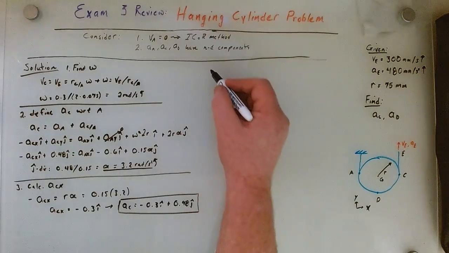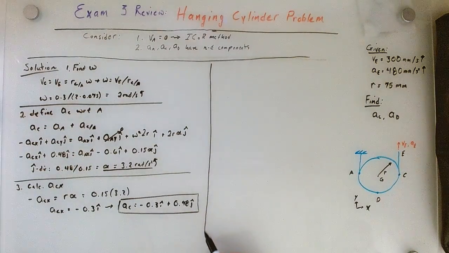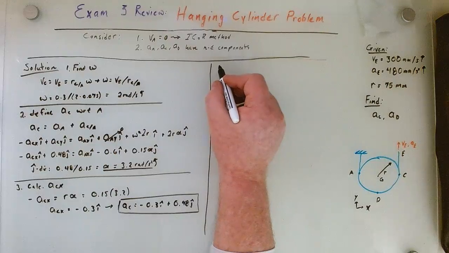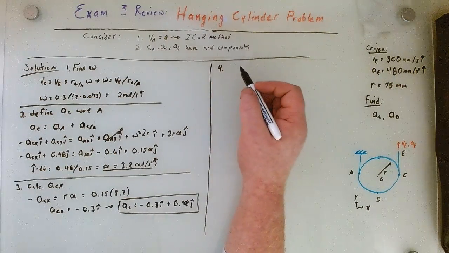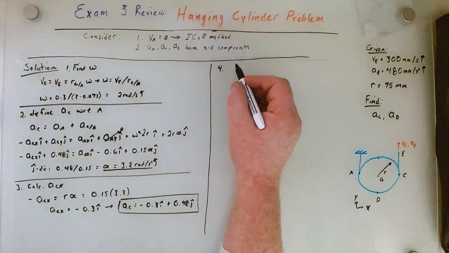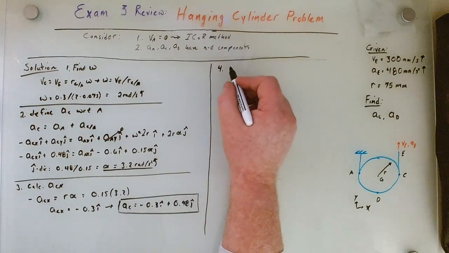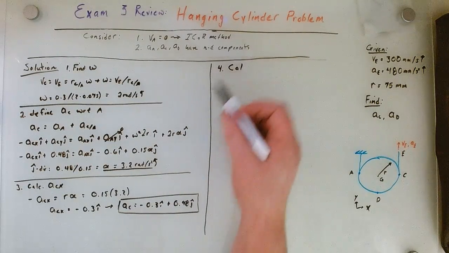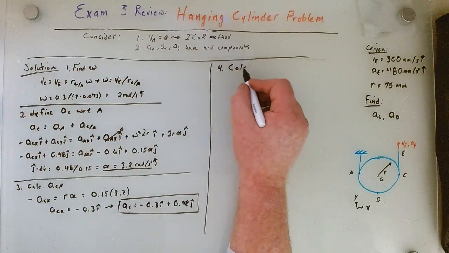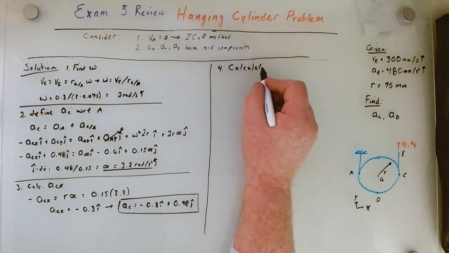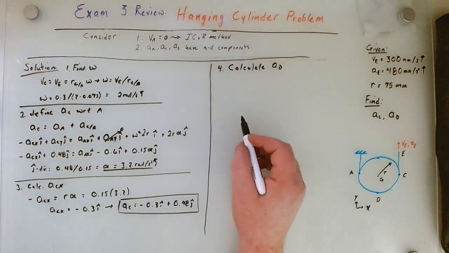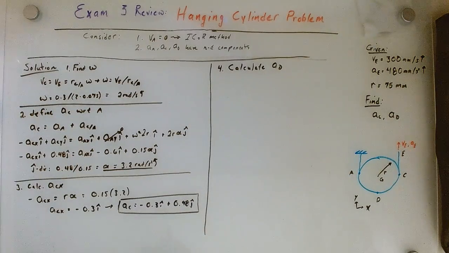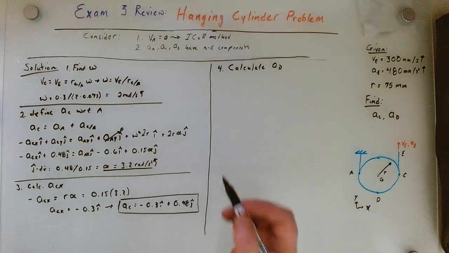All right. Make some room here. So let's say we're on step 4. All right, so now we can just calculate A sub D, right? And we can do that because we have alpha. And I'll show you what I mean. Calculate A sub D. Now, what we'll do is we'll use a relative motion approach, right?